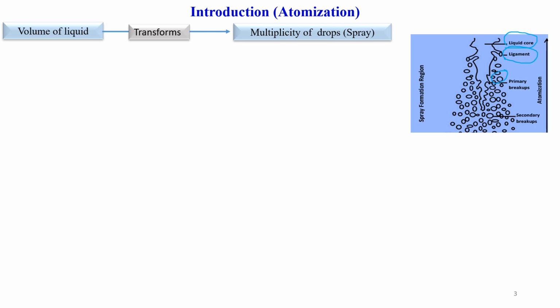Secondary breakup is the process in which a bigger droplet further breaks into very fine droplets. This is known as secondary breakup. So the entire process is known as atomization.